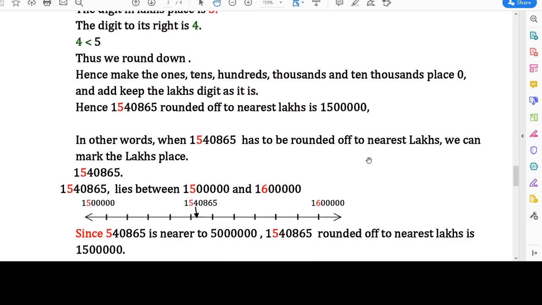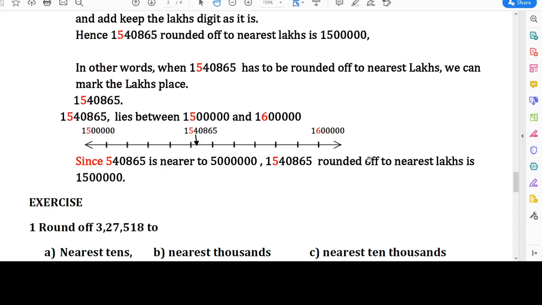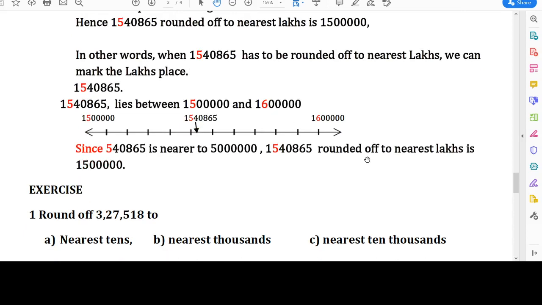Now in other words, let us understand it diagrammatically. When I have to round this off to nearest lakhs, we will first mark the lakhs place. So I have marked the lakhs place with red color. Now 15 lakh 40,865 lies between.